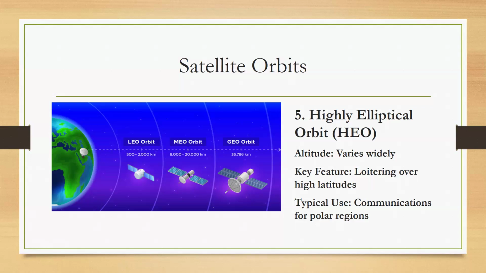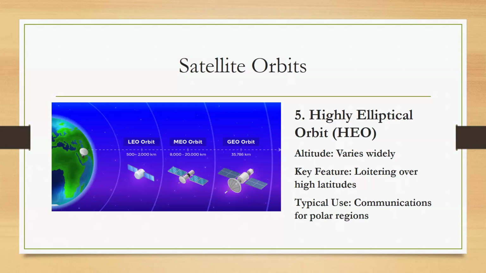So we move to the highly elliptical orbits. I think that's the last class I have. These are satellites put in orbits such that their altitude varies greatly. Sometimes they come close to the Earth, and at other points they move very far away from the Earth, which is why they are called highly elliptical orbits.